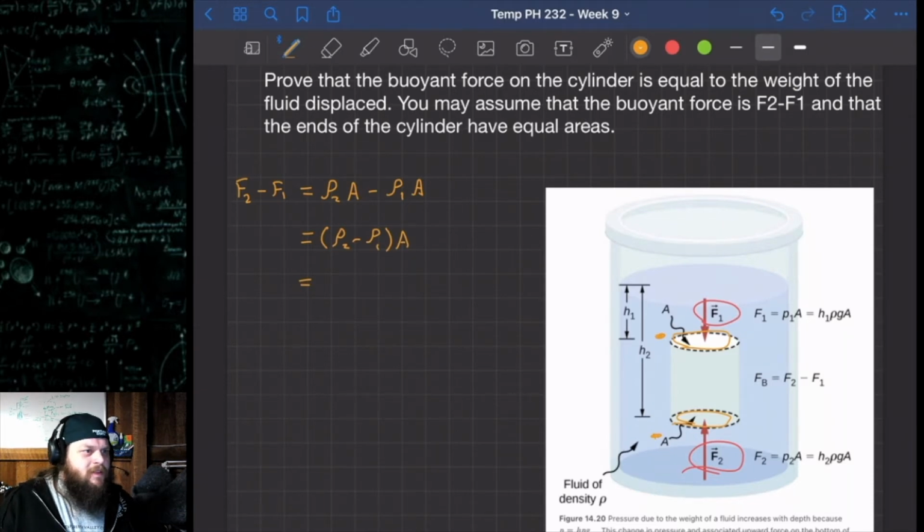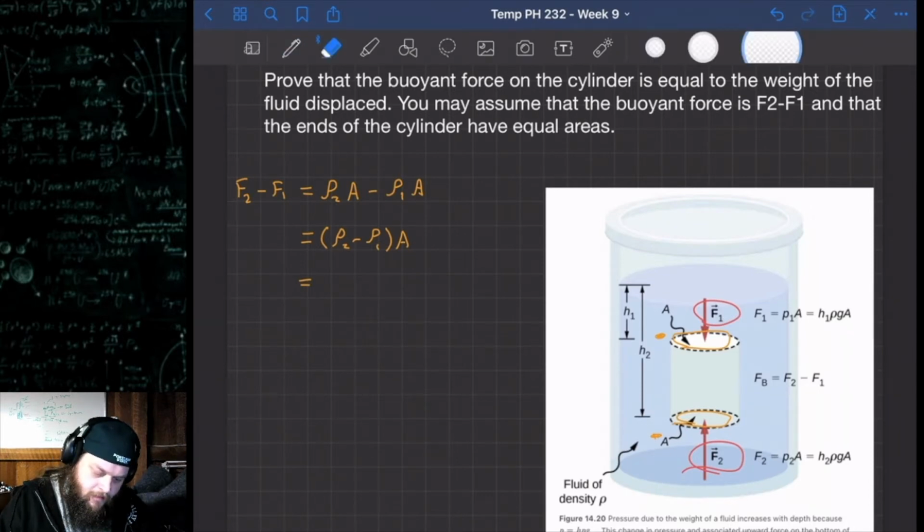I guess maybe that's pressure, because that pressure is going to equal h times the density of the fluid times gravity. Pressure times area is, yep, that should have been pressure. My mistake. I always screw up my P's.